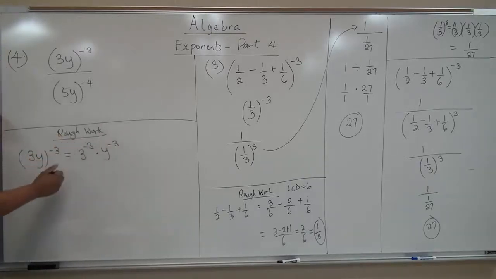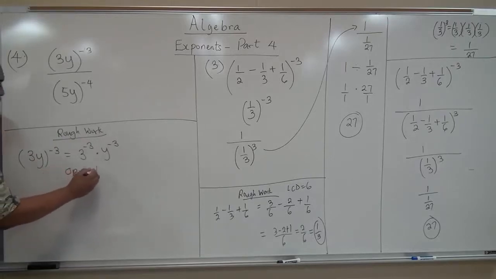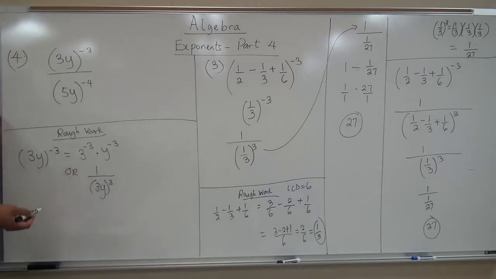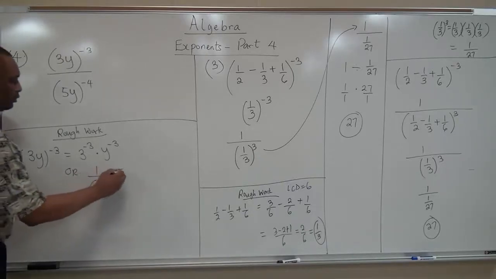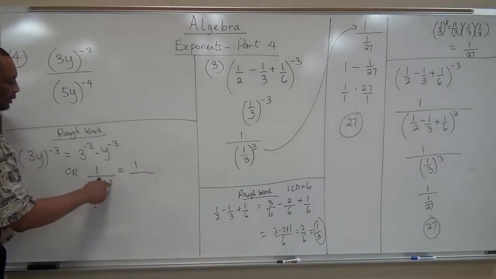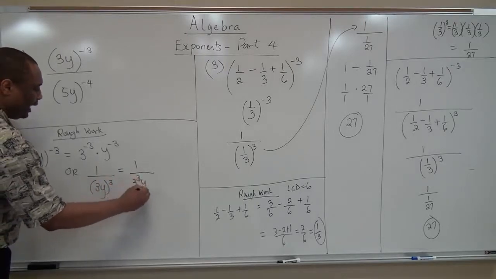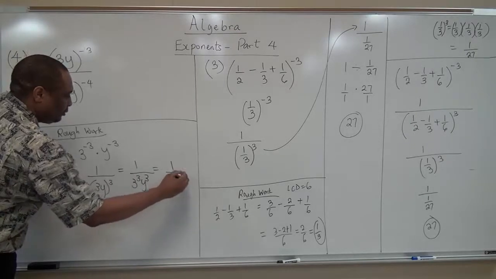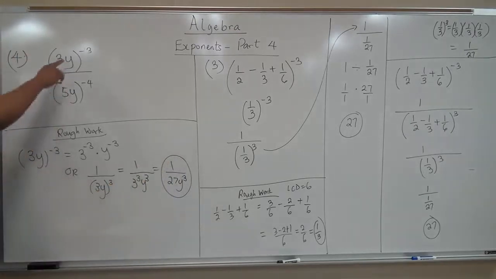Or you can say 1 over 3y exponent 3. Whichever way is good. So this will be 1 over 3 cubed y cubed, which is 1 over 27y cubed. This is the top one.